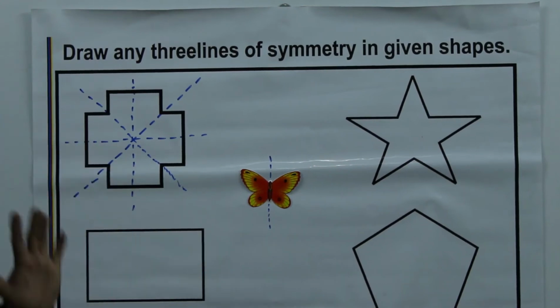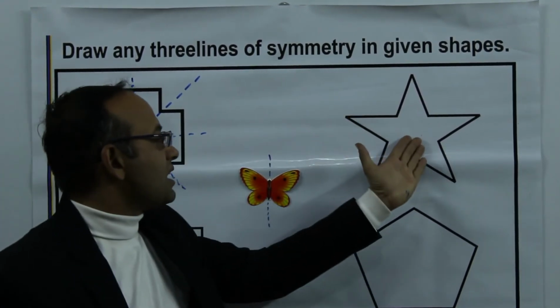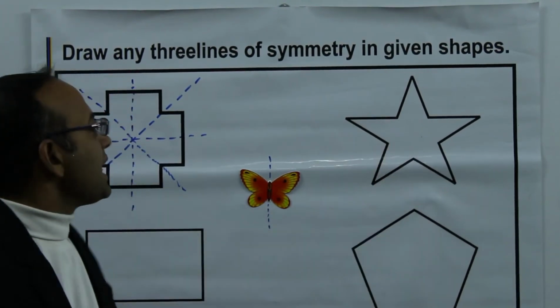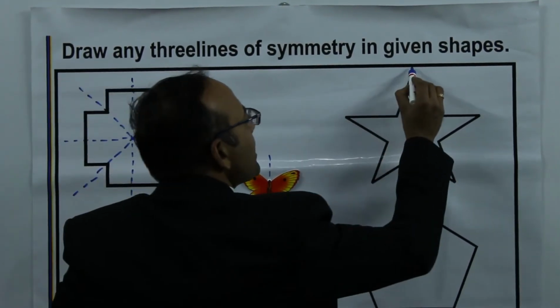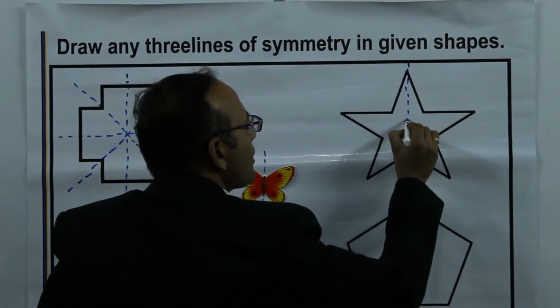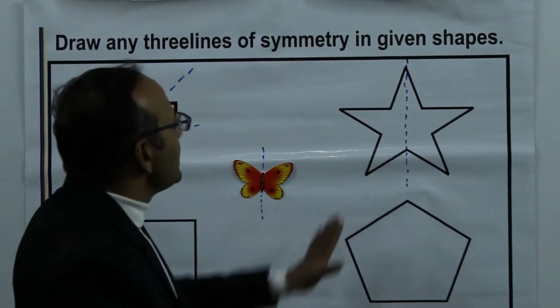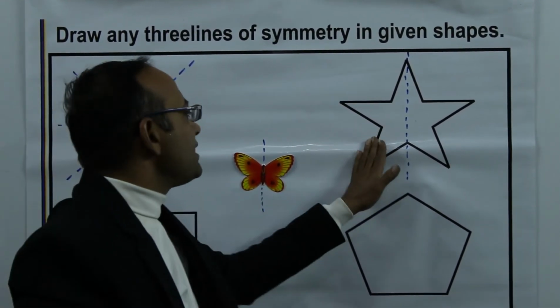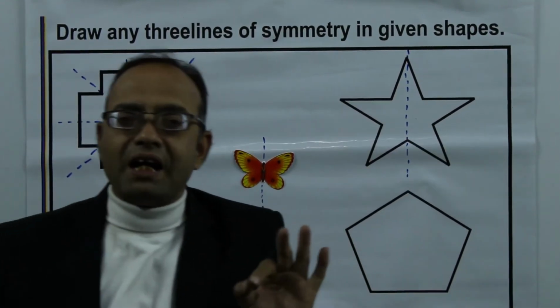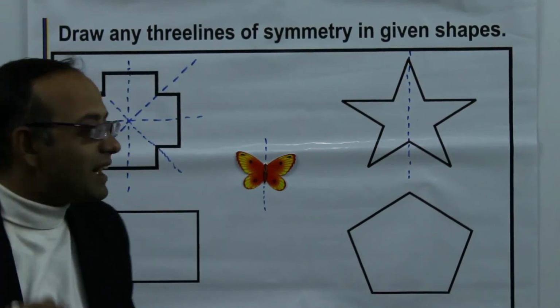Dear children, another picture, a star. We can draw the line of symmetry. This line is called the line of symmetry because this line divides it into two equal parts. So this line is a line of symmetry.